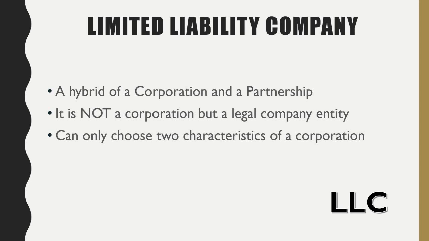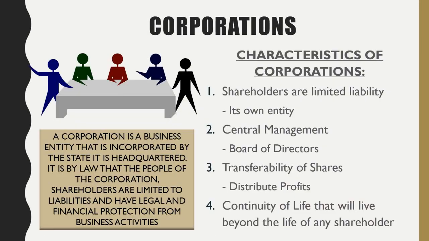So, what do you mean by that? The rule is it has to have at least two characteristics of a corporation in order to be established as a limited liability company. So let's go back and review what those four characteristics are. Out of these four, they either need to have some kind of stock options, right?